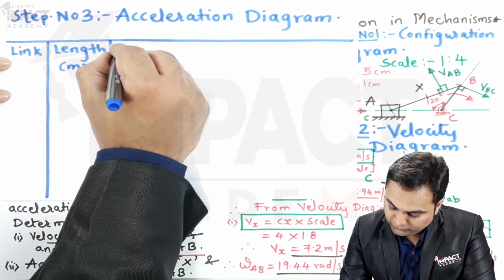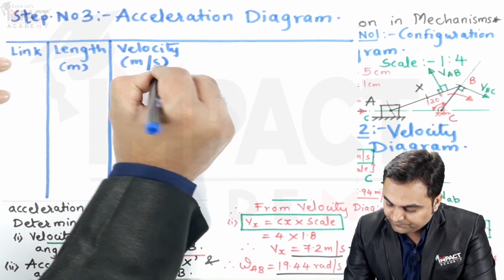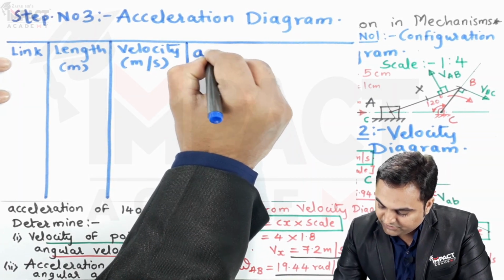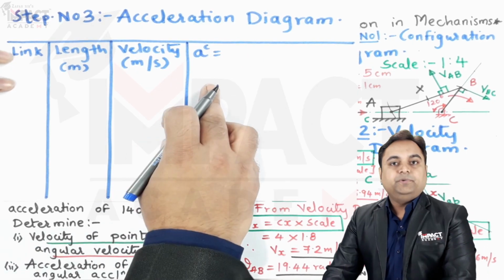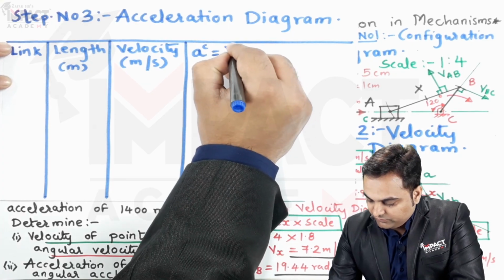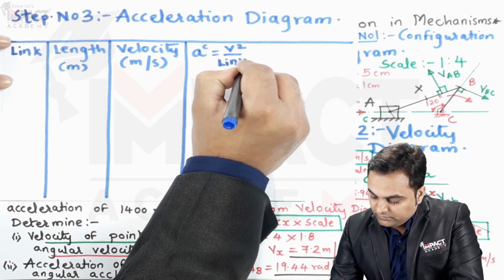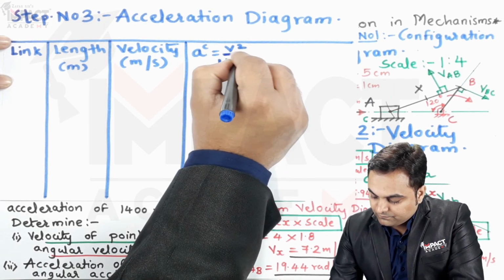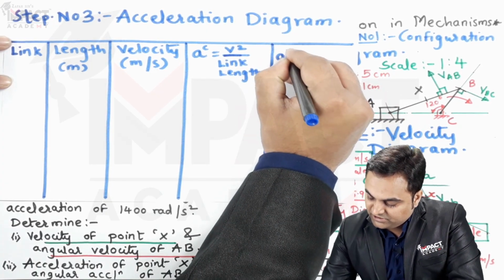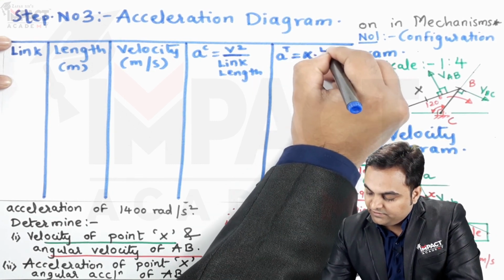Next, the velocity of the link in terms of meter per second. Then centripetal acceleration, given by a suffix c, which acts towards the center, and it is given by the formula velocity square divided by the link length. Then the last column is tangential acceleration, and it is angular acceleration alpha multiplied by the link length.